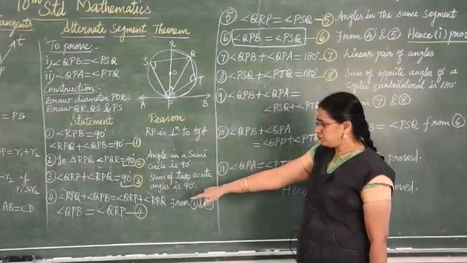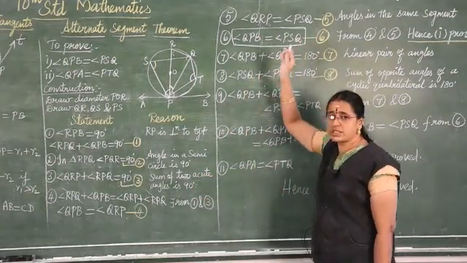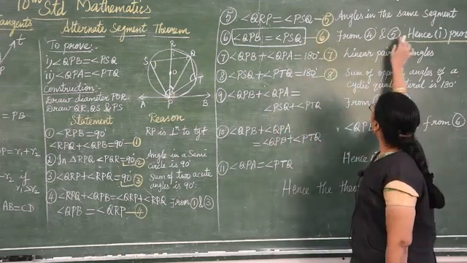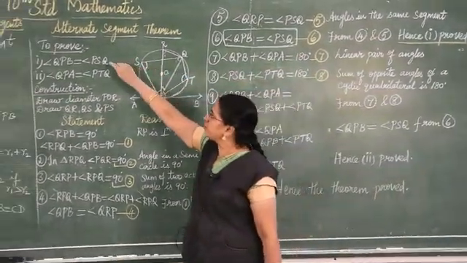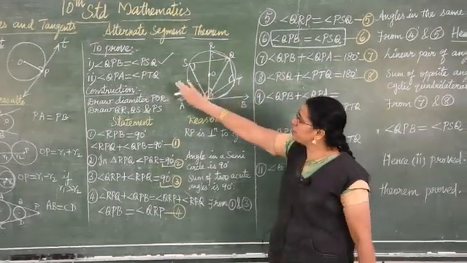So angle QPB equal to angle PSQ is equation 6. That is the proof for the first one. So the first one we have proved. Now we need to prove the second one.